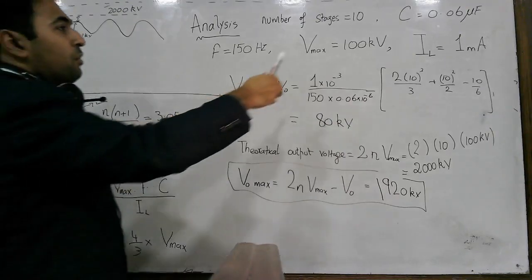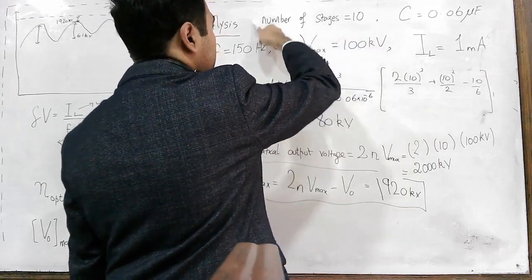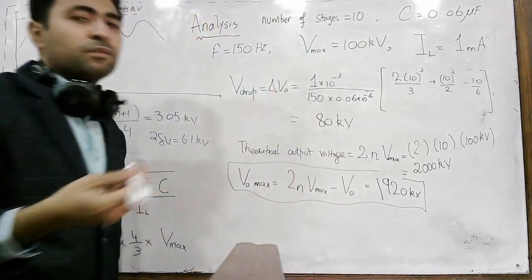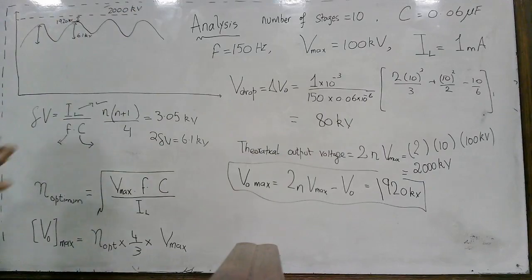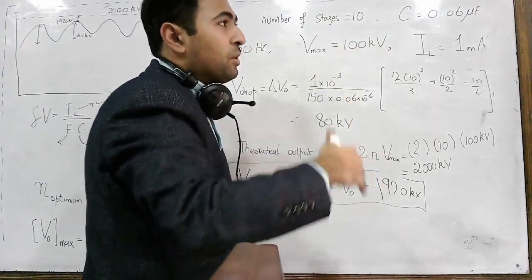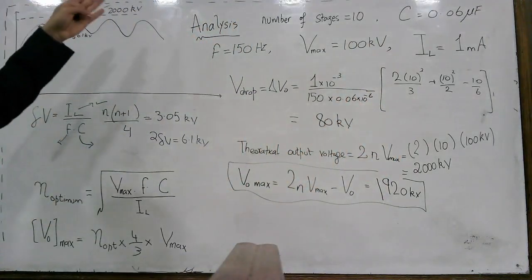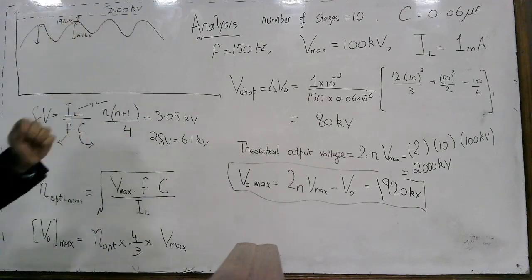Theoretically you can go for 20 stages, 30, 50, 100 stages, but practically we have the limitation. There is a maximum number of stages. If you go beyond that, instead of the voltage increasing, the voltage will decrease.